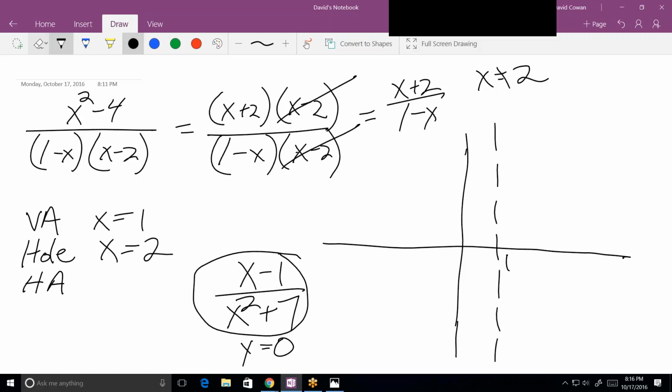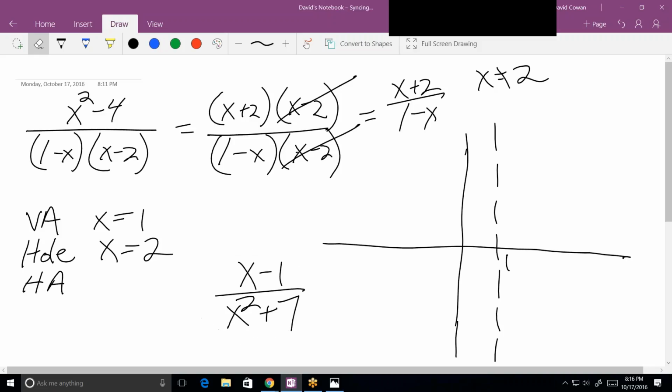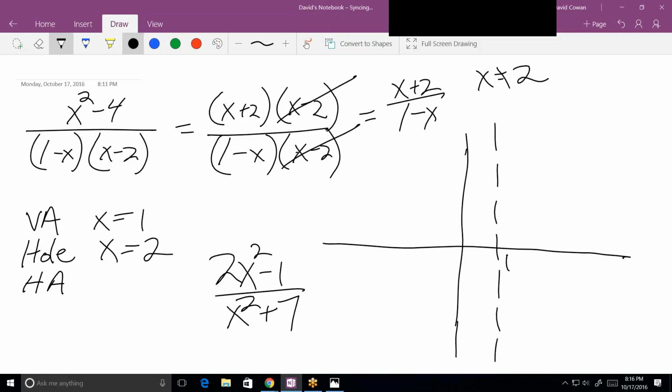The other situation, there are 3 situations. The other situation is when the highest degree is the same. Like, let's say we have 2x squared minus 1 over 3x squared plus 7. Well, we have an x squared highest there and x squared highest there. The horizontal asymptote is the ratio of their coefficients.